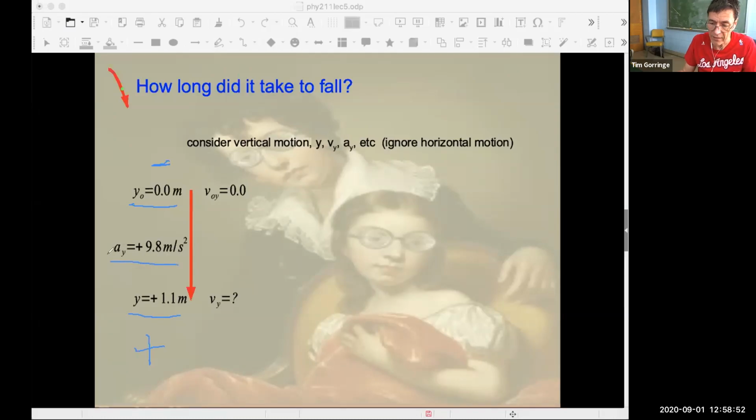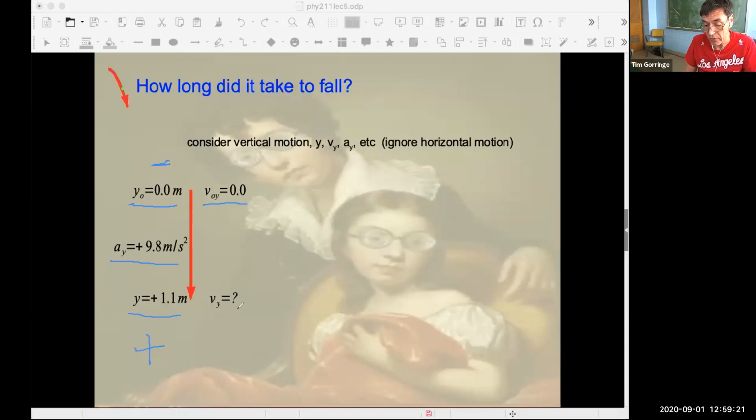This is the acceleration of gravity, which is downwards. And because I've chosen down as the positive direction, it's plus 9.8 meters per second squared. This is the initial velocity in the vertical direction. Now, the projectile was pushed with a horizontal velocity, but it has 0 initial vertical velocity. So that's that quantity.